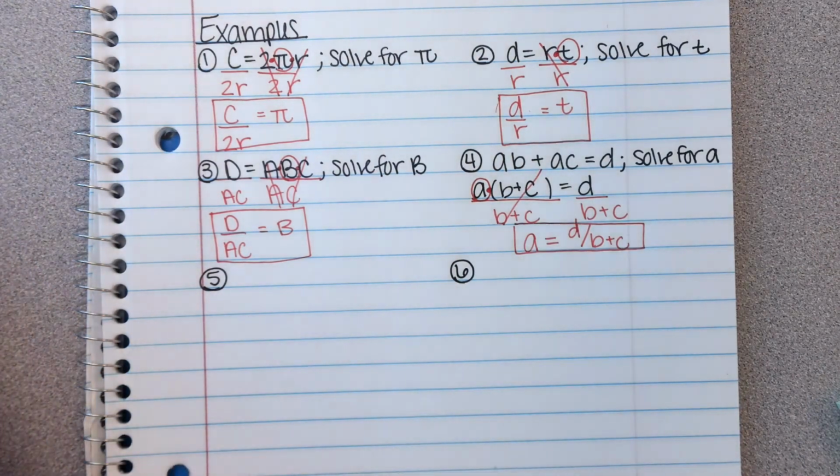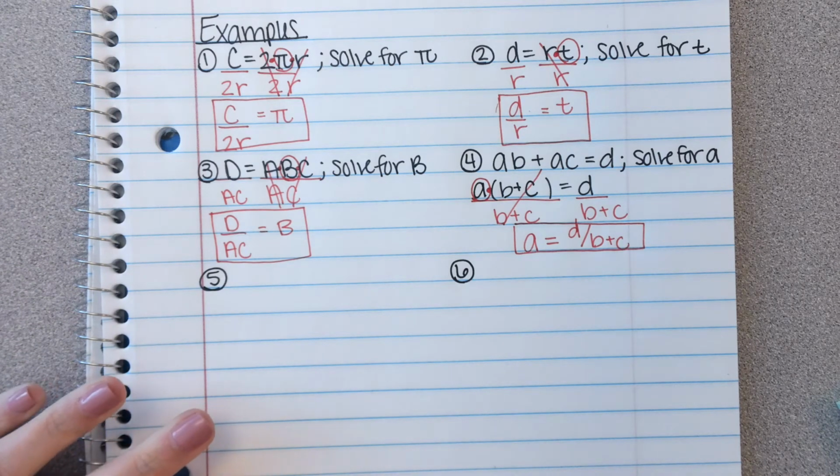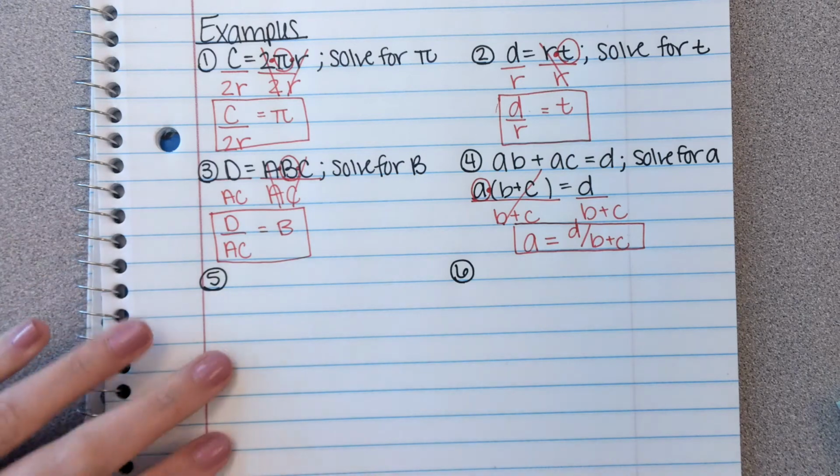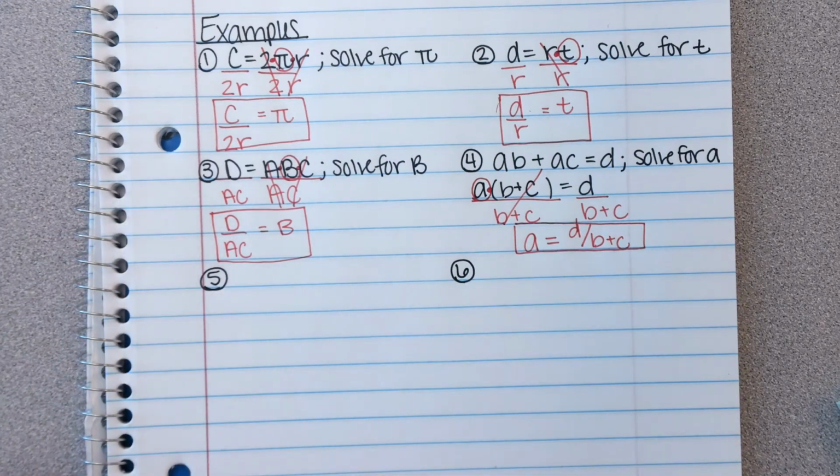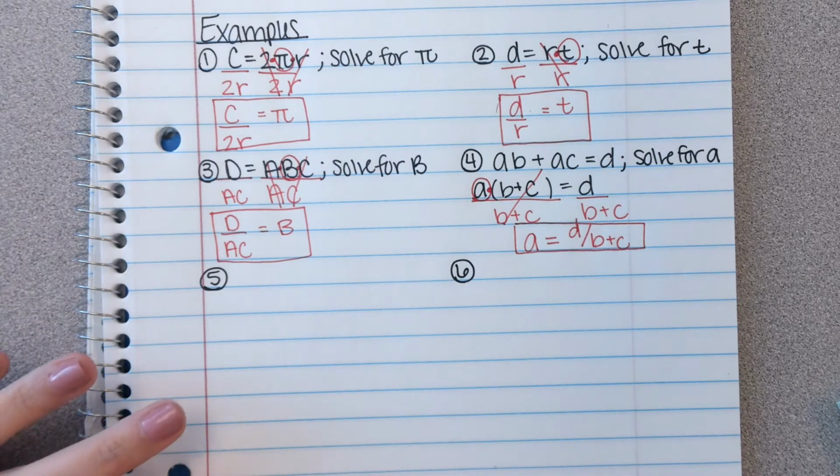Now, I'm going to give you 2 more problems, very, very similar, that I want you to work on. After I write them, I want you to pause the video, try them on your own, and then come back and check them with me.